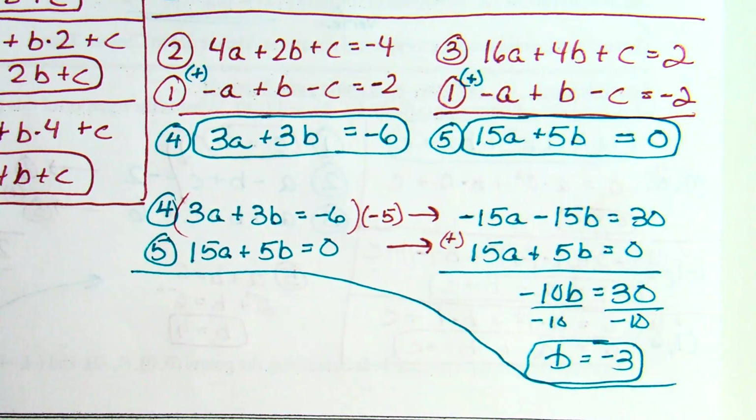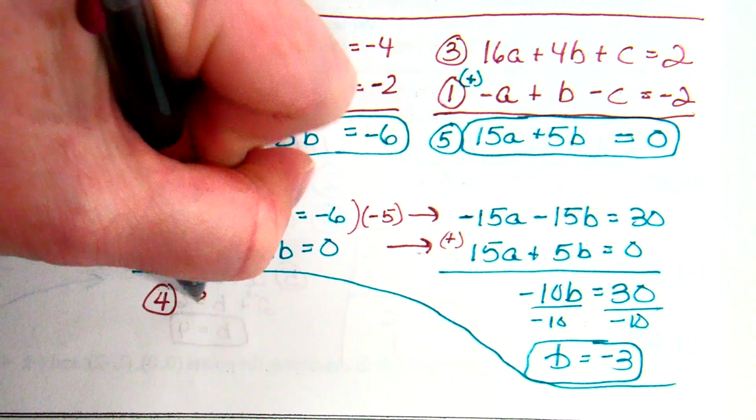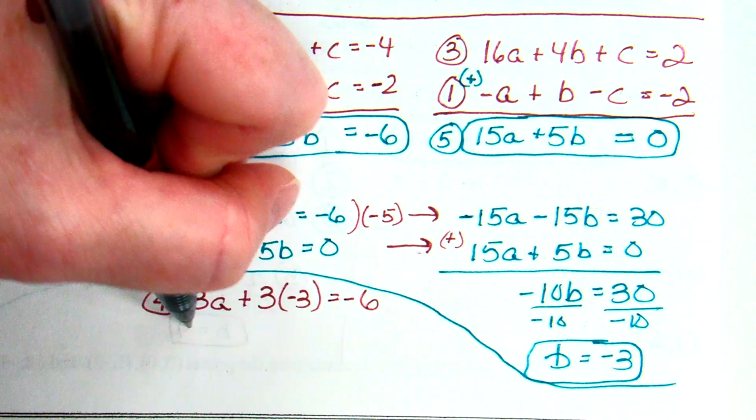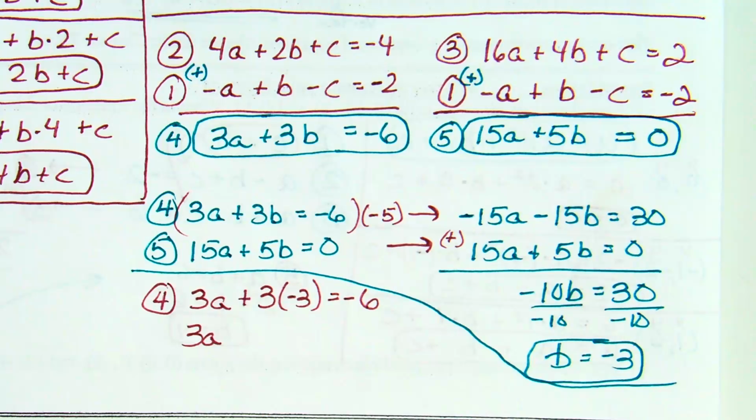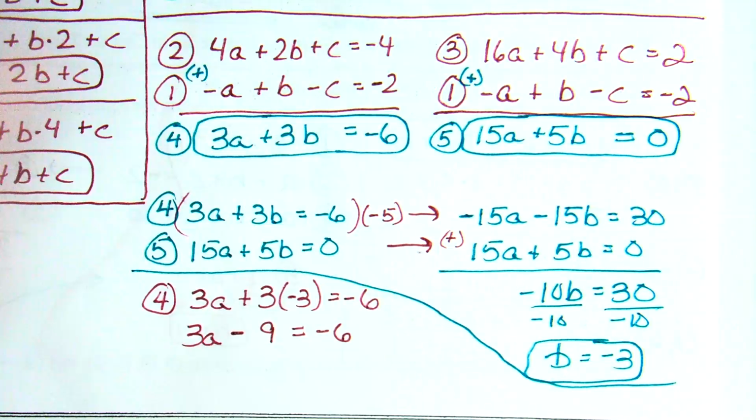4. They both have their pros and cons. So 3A plus 3B, so 3 times negative 3, equals negative 6. 3A, 3 times negative 3, minus 9.